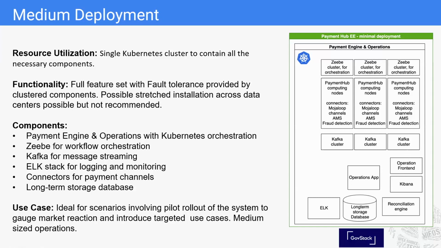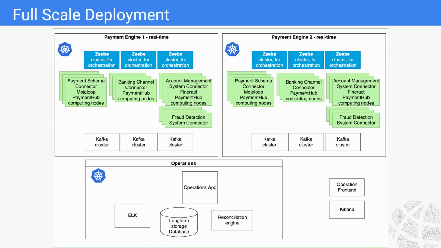Again, all the basic component requirements are there. This is better for pilot rollouts, when you are testing with minimum participants and want to check how this could work better. Of course, there are options for scalability, as we've talked about previously, and you could go to full-length, full-function, which is the full-scale deployment that you see here.